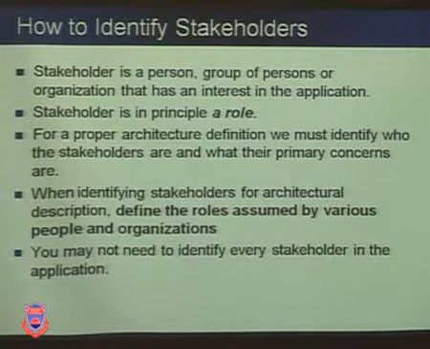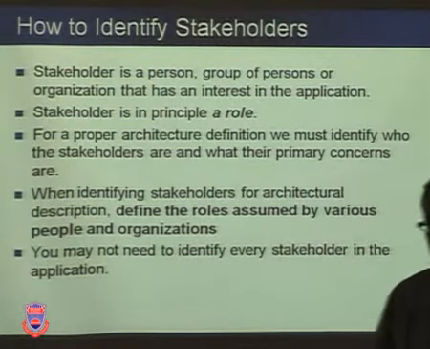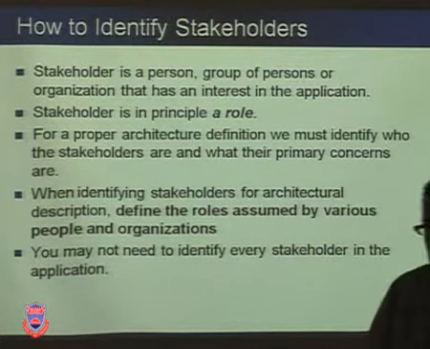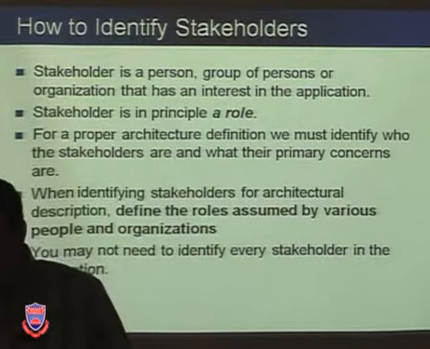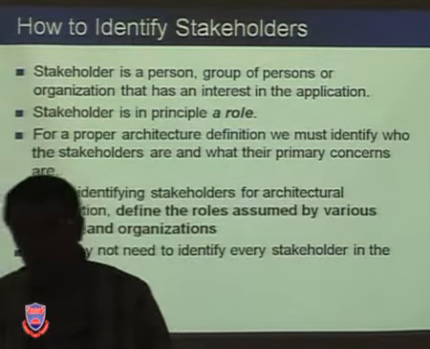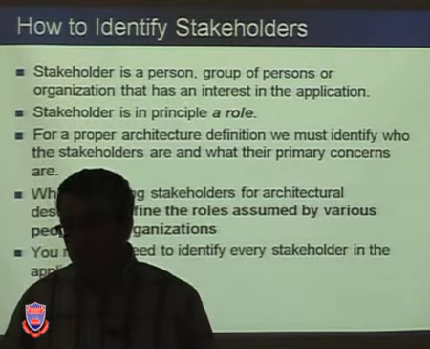So identifying stakeholders means identifying the roles that are assumed to be used in that system. A role can be fulfilled by multiple persons. So it's an end-to-end relation. A person can have multiple roles, and a role can be fulfilled by multiple persons.